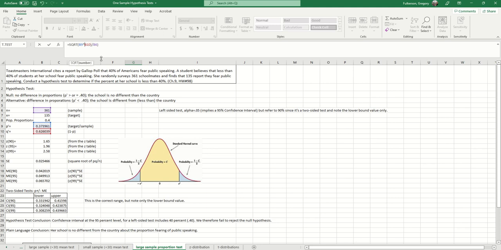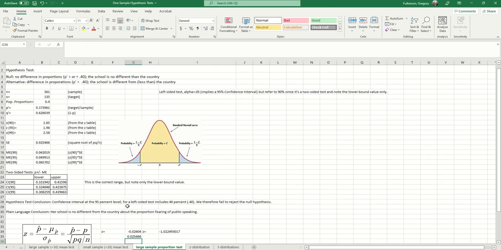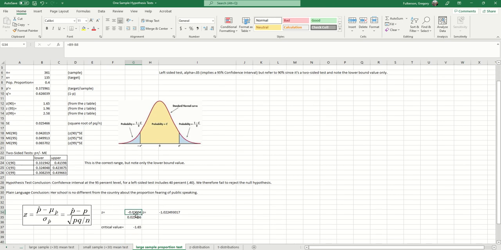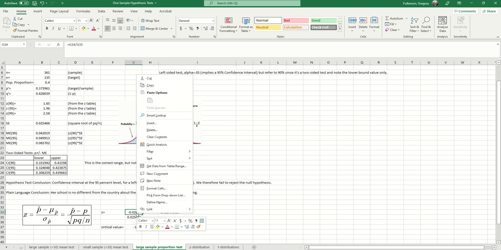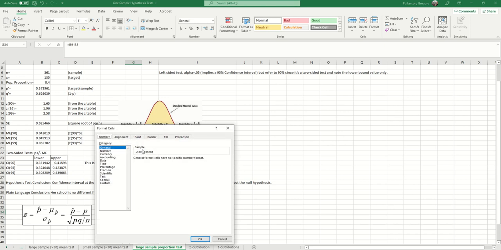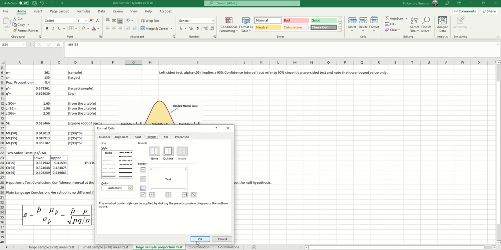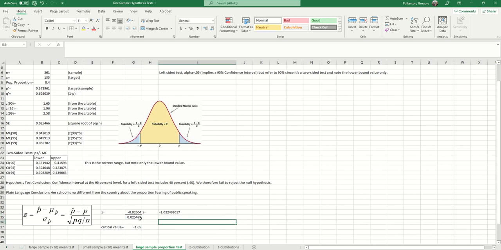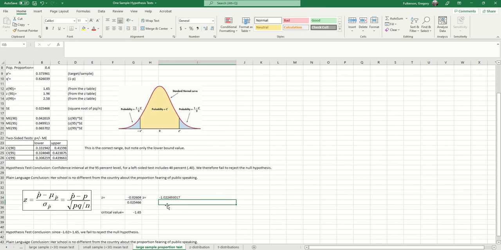Let's just add some parentheses to make sure we've got the order of operations protected there. And then we complete the calculation by dividing the numerator by the denominator. Since it is a numerator and a denominator, I like to include the fraction line by highlighting a border for that cell. And then we're just dividing the numerator by the denominator to get our z value of negative 1.02.